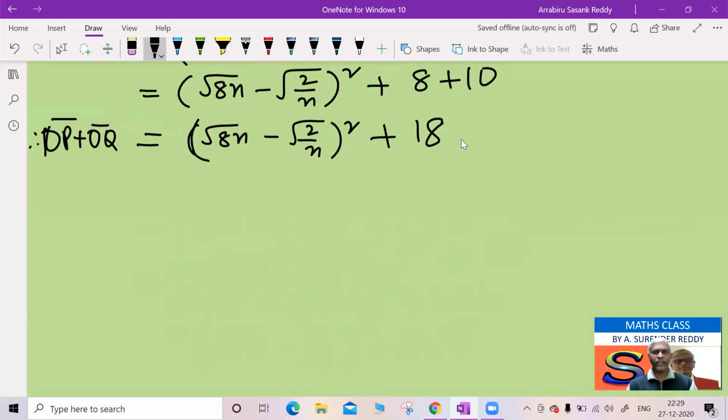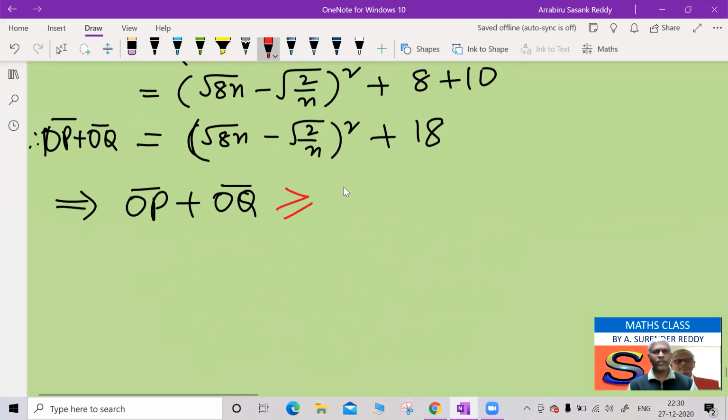Positive plus 18 is always more than 18. So 18 plus something, and this value cannot be negative. The OP plus OQ value, if the square becomes 0, becomes 18, or if it becomes more than 0, it becomes more than 18.